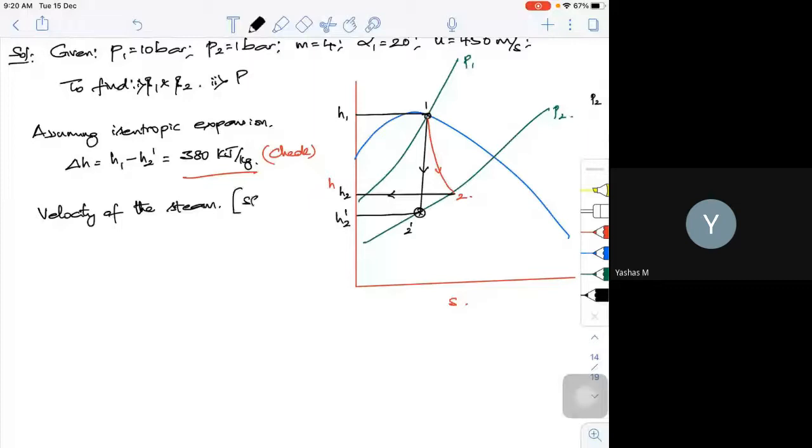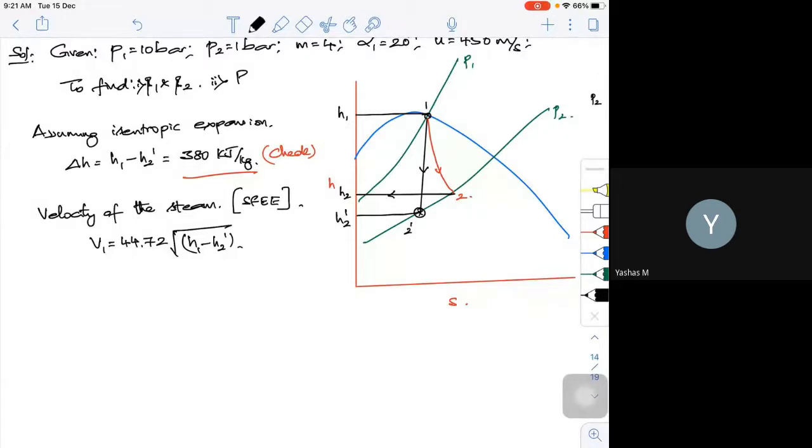From the SFE equation, I can get V1 equal to 44.72 into the square root of H1 minus H2 dash, or delta H. This 44.72 comes from the steady flow energy equation. I don't want to repeat what you have studied in basic thermodynamics. Go back and check how you get 44.72. If you put in 2g and the square root, all those things, you will get it.